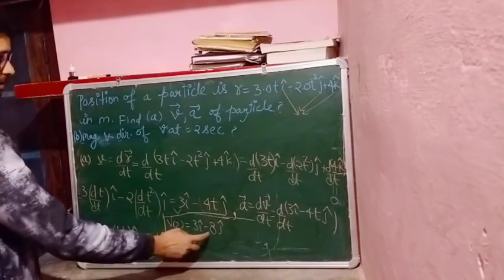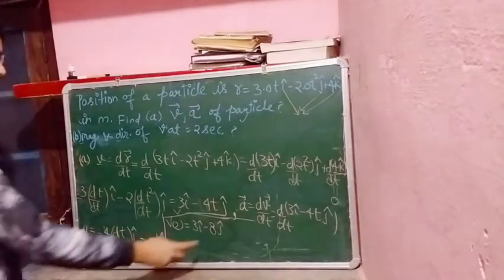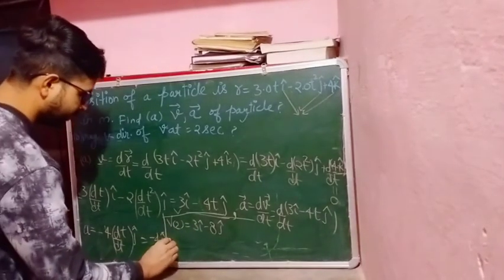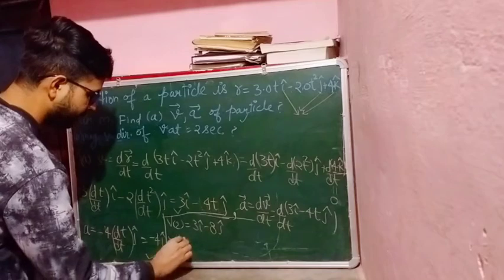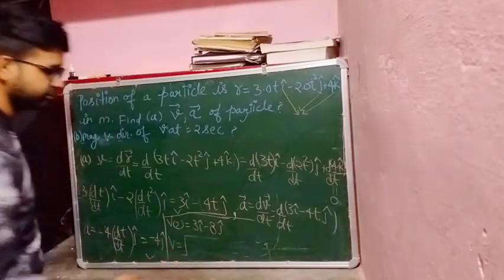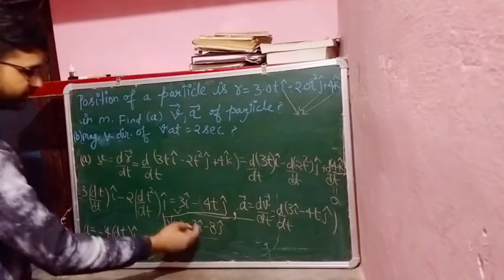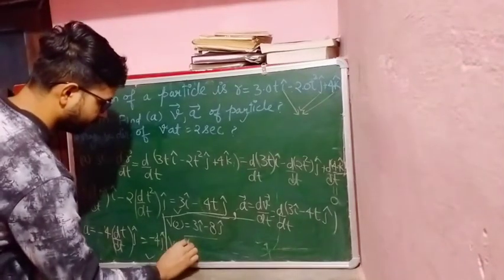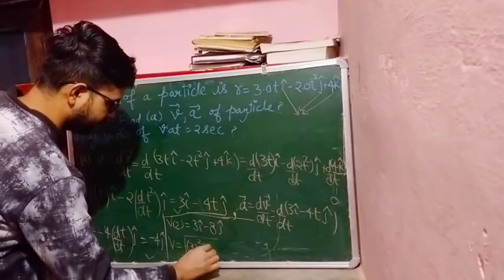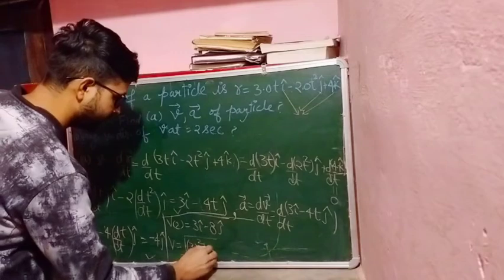At 2 seconds the velocity is this, and the magnitude of a vector is given by the square root of a square plus b square. So this becomes the root of 3 square plus minus 8 squared, which will become positive.